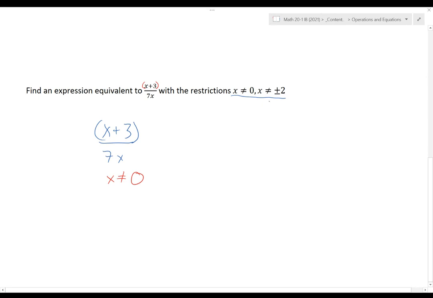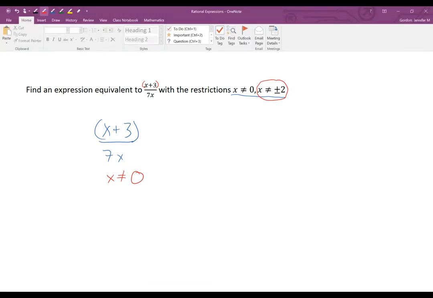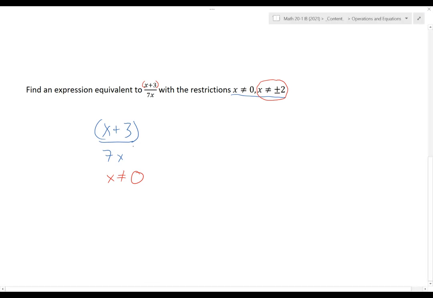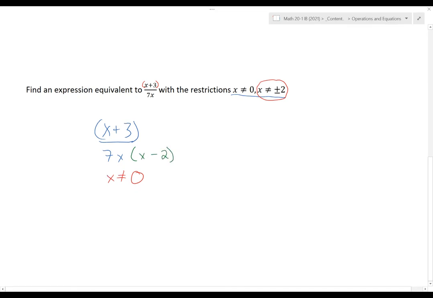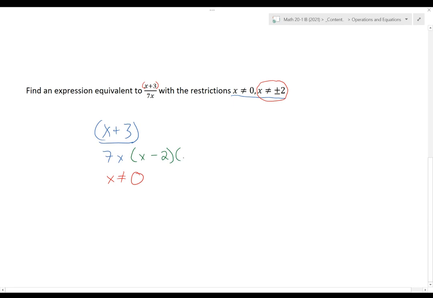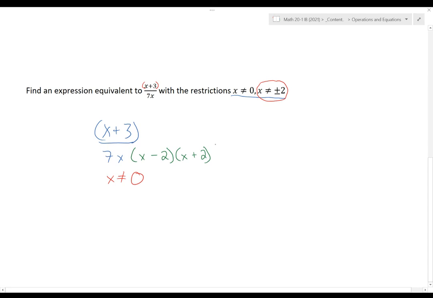But I need to introduce factors that will introduce these new restrictions of plus and minus 2. So in order to have a restriction of positive 2, I would have to have a factor of x minus 2. And in order to have a restriction of negative 2, I would have to have a factor of x plus 2, because positive 2 and negative 2 would make these factors 0 respectively. But if I've multiplied the denominator by those two factors, then I have to multiply the numerator by the same two factors.